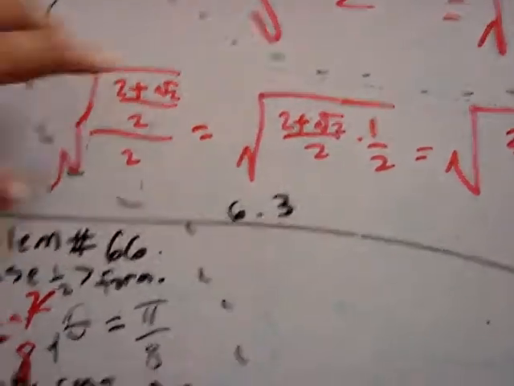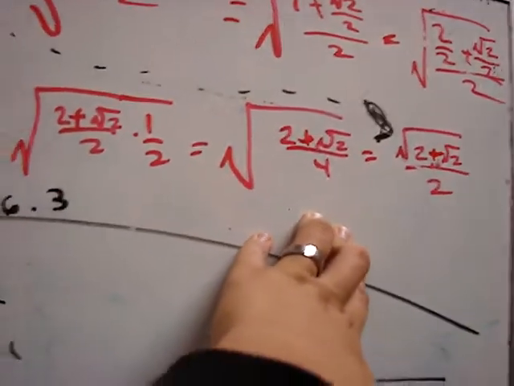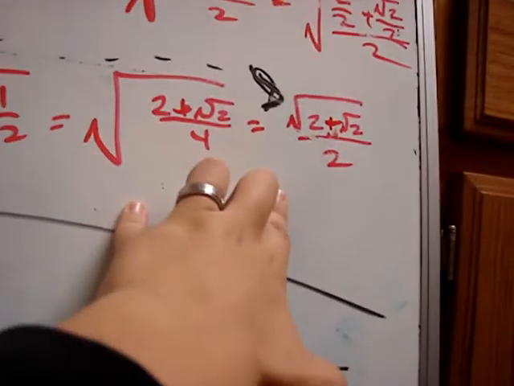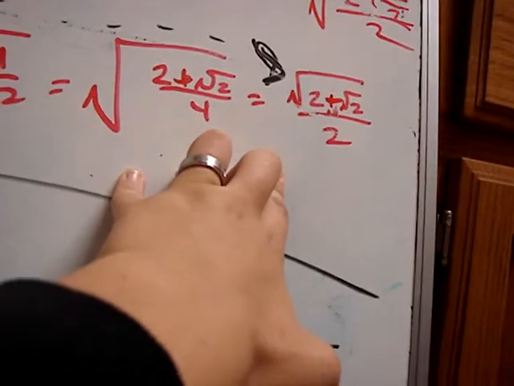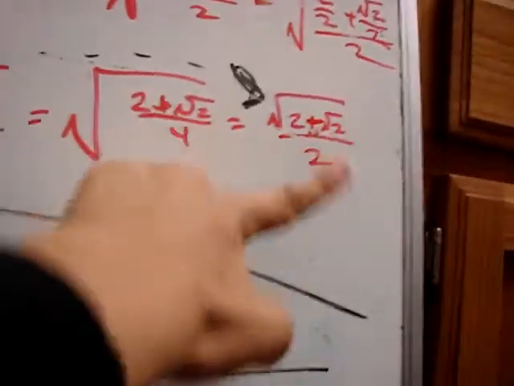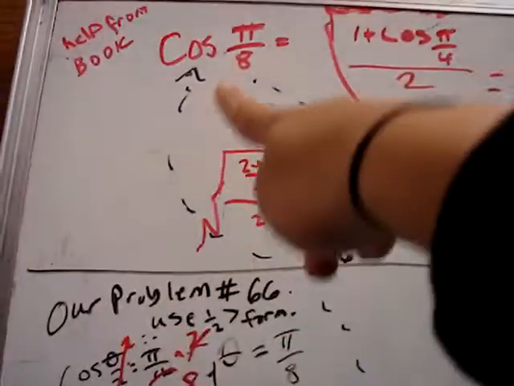And then you flip it and multiply, because this is dividing by 2. And you come out to the square root of 2 plus the square root of 2, all over 4. And then you bring it out. And so now you just have the square root of 2 plus the square root of 2, all over 2. And so therefore, as you can see, cosine of pi 8 equals that.